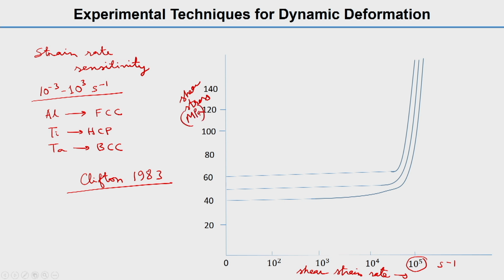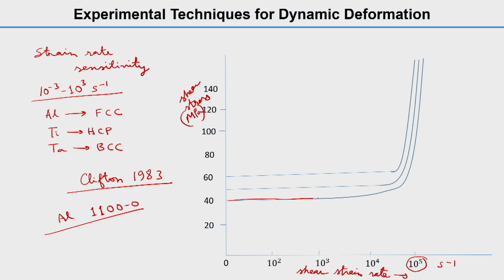This material is aluminum, we write it as aluminum 1100. There are three curves here associated with different plastic strains.